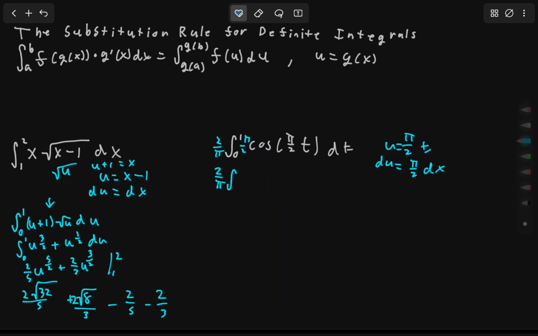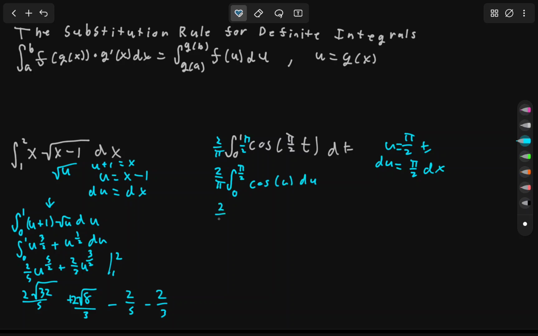And now let's solve for the bounds of the integral. If I plug in 0, it's still going to be 0. But if I plug in 1, the upper bound, it's going to be pi over 2. Alright, and we're evaluating cosine of u du.